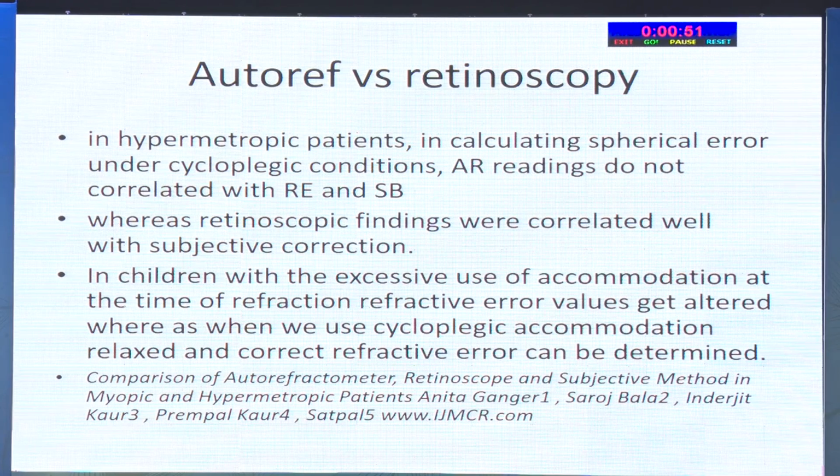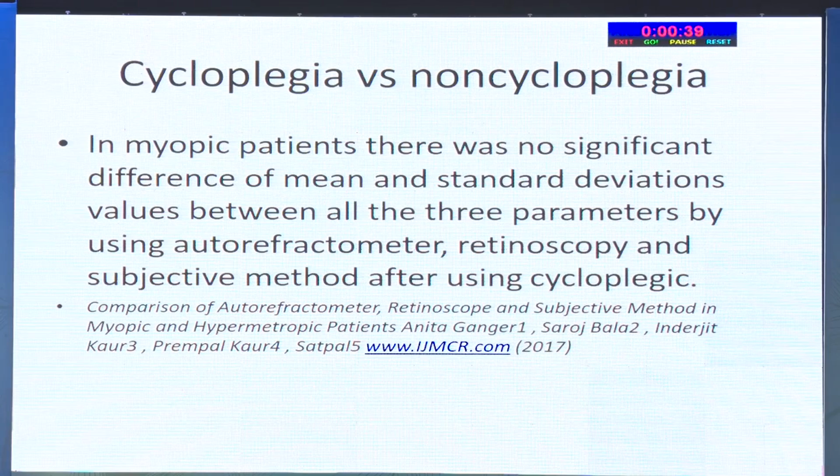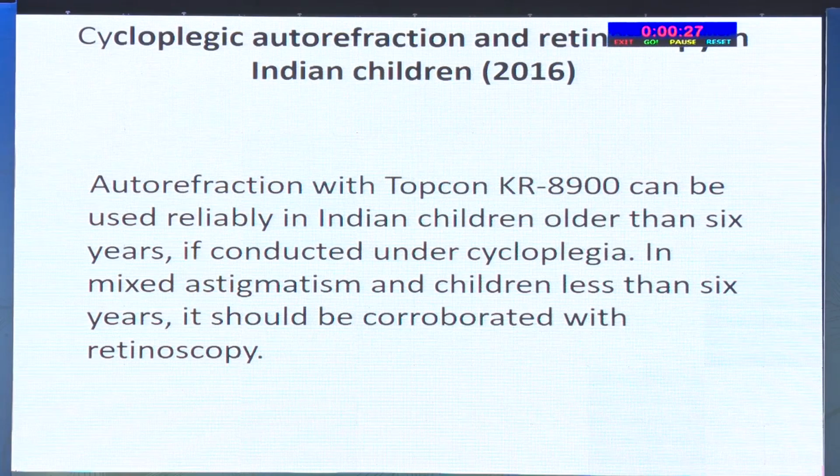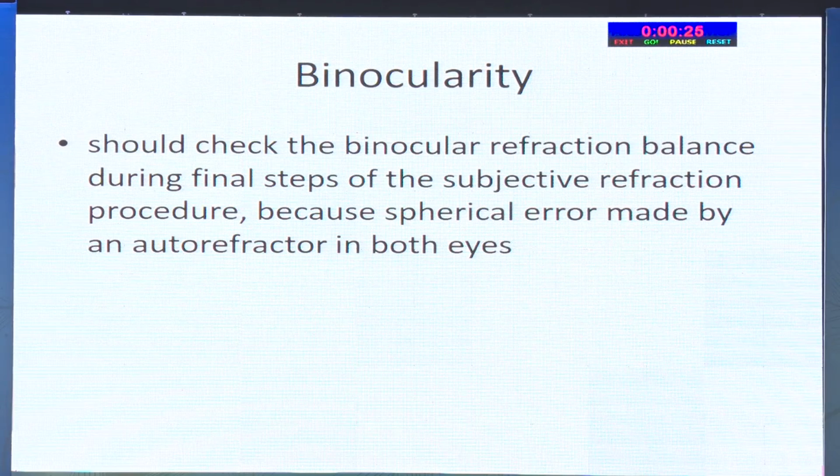It has been found that after dilation, if you do auto-ref and retinoscopy, usually in adults there is no difference between the two. But if you simply do it in children, because attention is required, they need some time to fix at the auto-ref before you can get the refraction. So the refractive error is not proper, and many a time you fail in giving a proper glass.